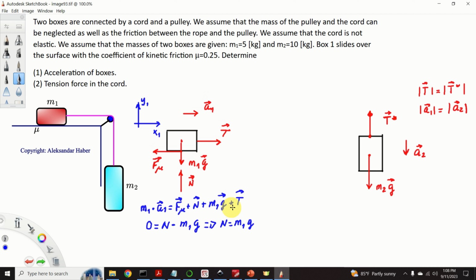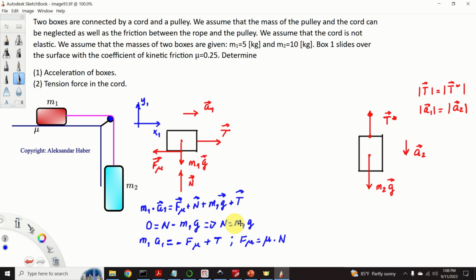Next, we need to project this equation on the x1 axis. As the result, we obtain M1 times A1 is equal to, let's see, F mu projection is minus F mu. Then we have plus T. And do we have something else? Let's see. No, that's it. Now, we know that F mu is actually equal to mu times N. That is the coefficient of kinetic friction times the normal force.